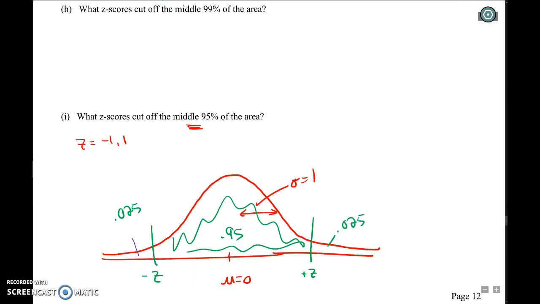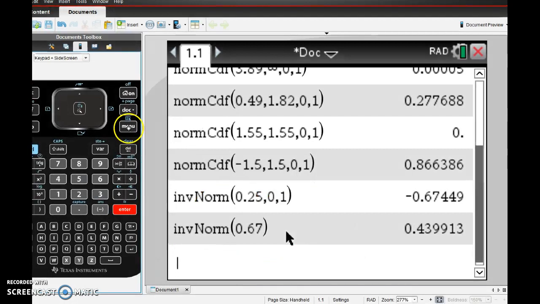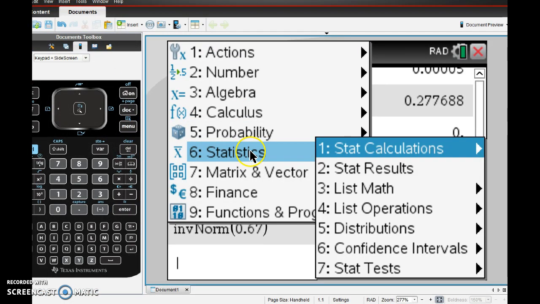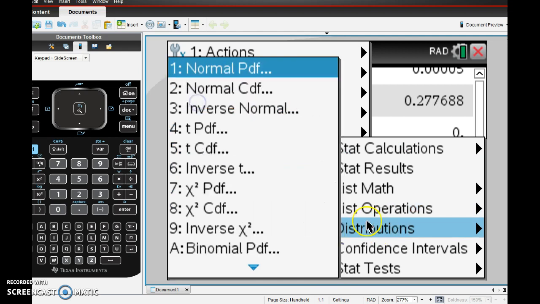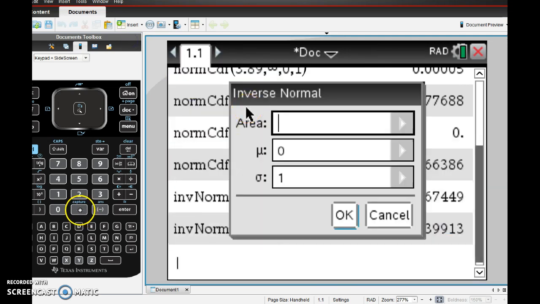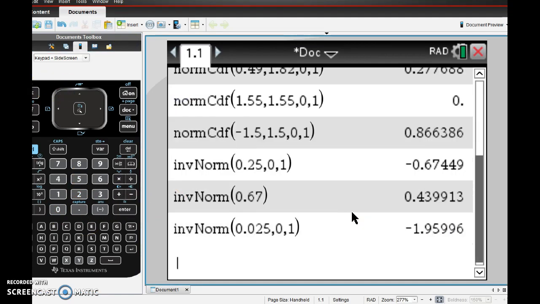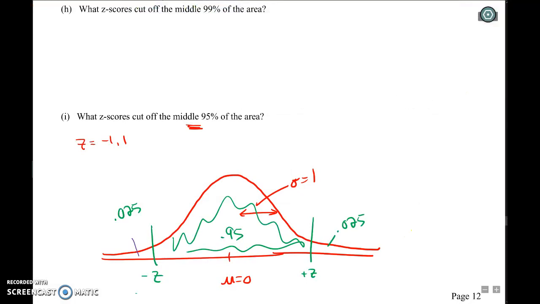So if I want this negative cutoff, I could simply put in menu, statistics, distributions, inverse normal, 0.025, and that will give me the left cutoff. See, notice it's not exactly -2, it's -1.96. So this is negative 1.96, and this is 1.96.